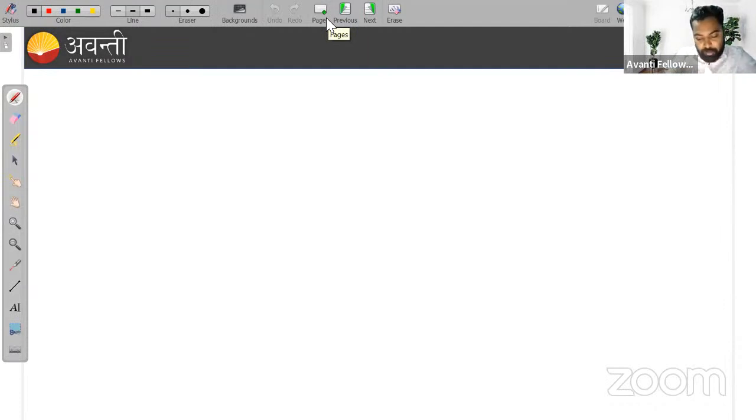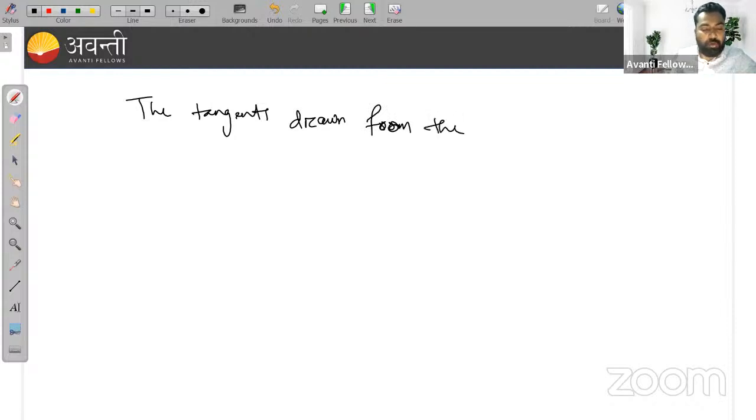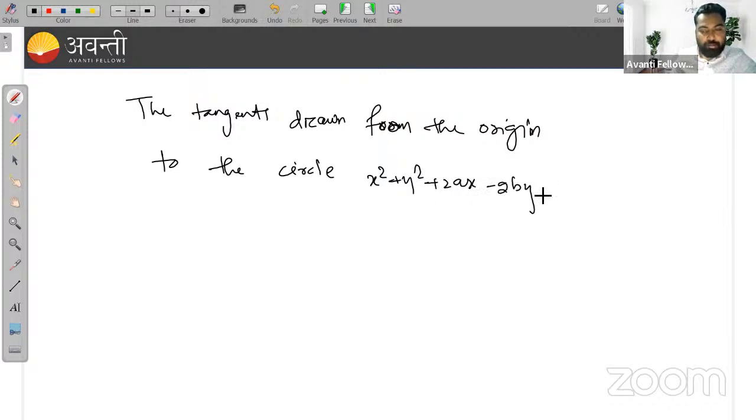If I ask you one question, you need to find the tangents drawn from the origin to the circle x square plus y square plus 2ax minus 2by plus b square is equal to 0 are perpendicular.